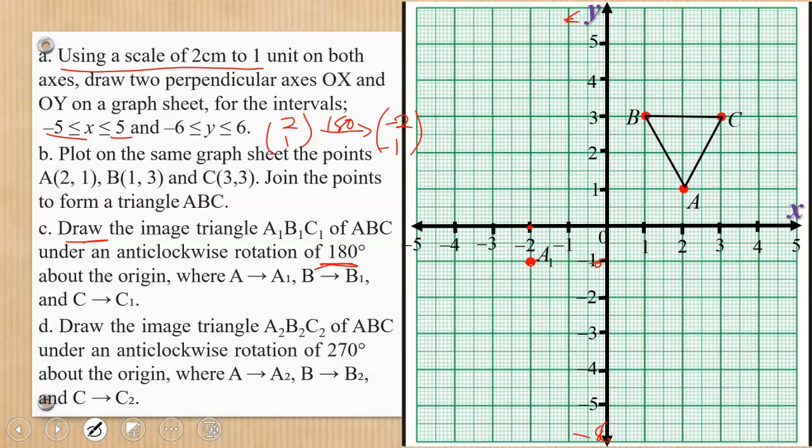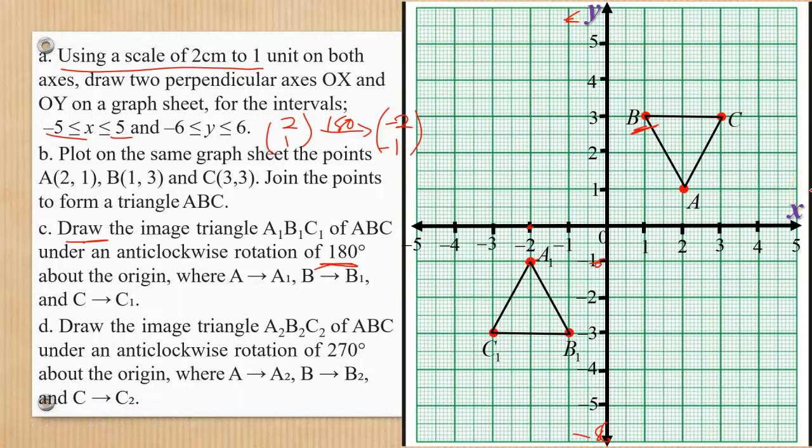Then the same thing can be done for B prime. If the original is (1, 3), the image becomes (-1, -3). Then C is (3, 3), so the image becomes (-3, -3). Then again, we join to get our rotation of 180 degrees.